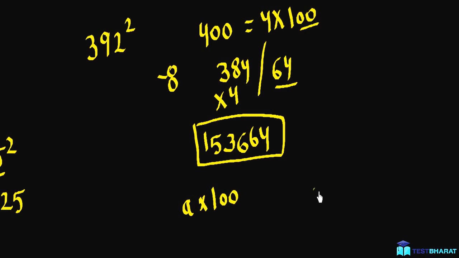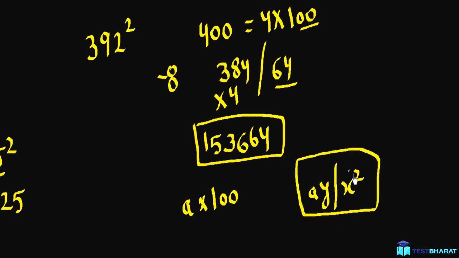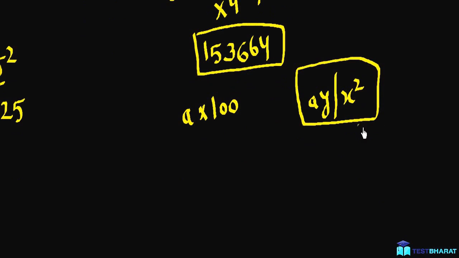So I multiply my y with a and keep the x square as it is: ay slash x square. If I take my base as 100, a will be 1, so the formula will be 1 into y is y, and x square. In this manner you can remember it very easily.